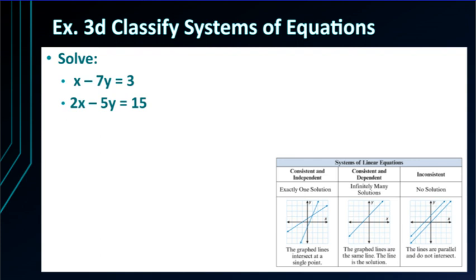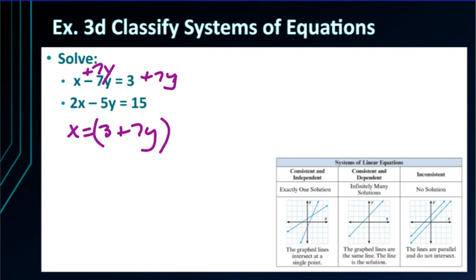And the next one here, x minus 7y equals 3, 2x minus 5y equals 15. Let's solve for x. So I'm going to add 7y to both sides. And now I have x equaling 3 plus 7y.